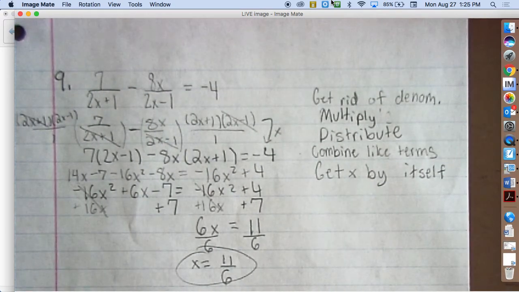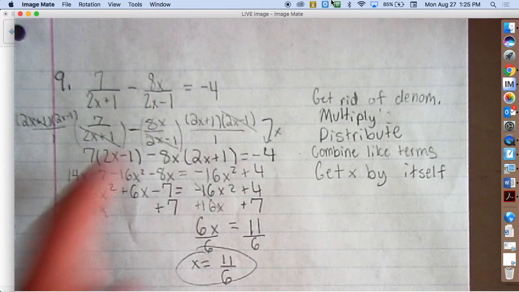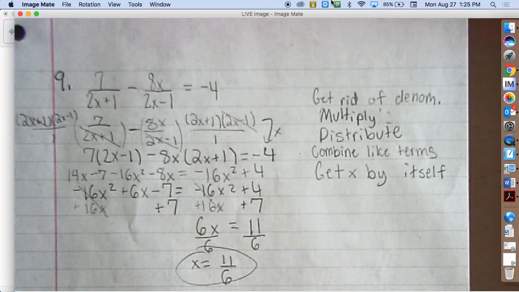Okay, so it was 7 over 2x plus 1 minus 8x over 2x minus 1 equals negative 4. So first you get rid of the denominator by multiplying both sides by 2x plus 1 and 2x minus 1 because it's the bottoms. And then you multiply that through, or distribute them.